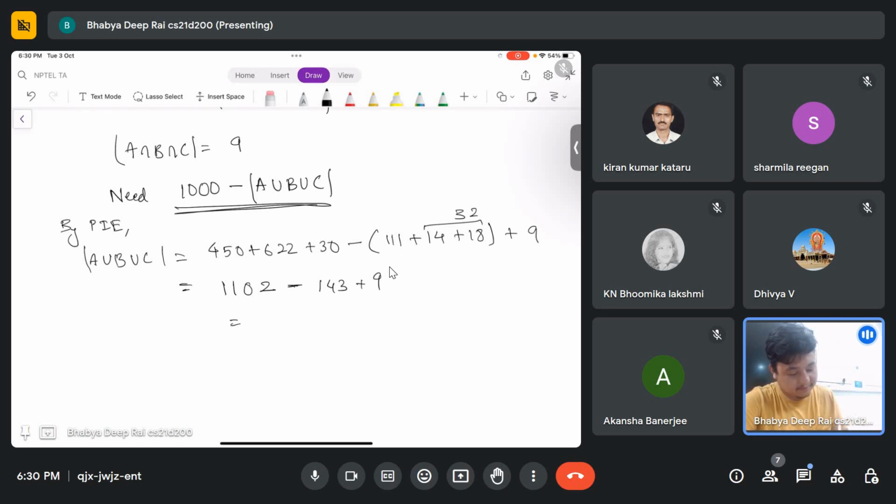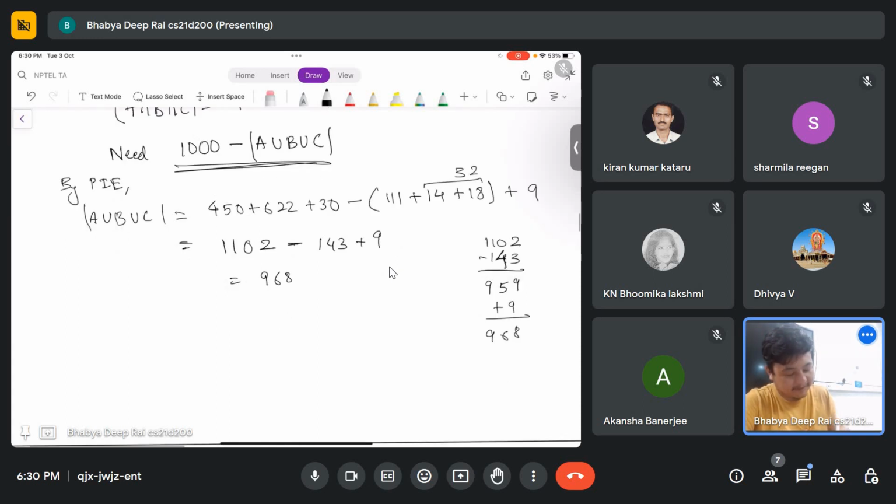So 1102 minus 143 is 959, plus 9 is 968.